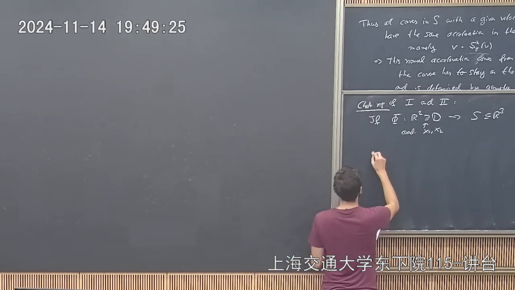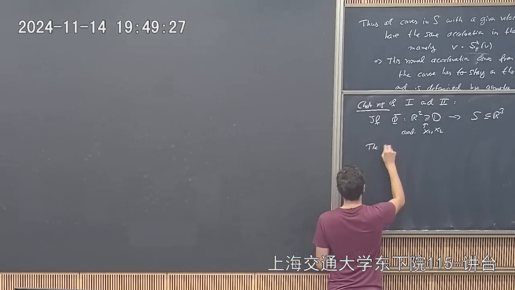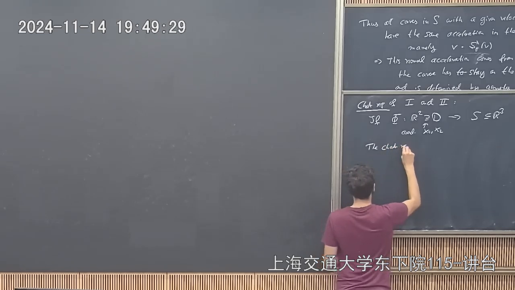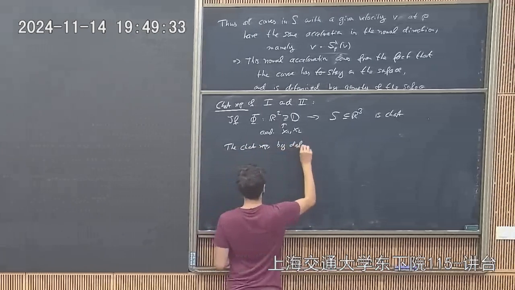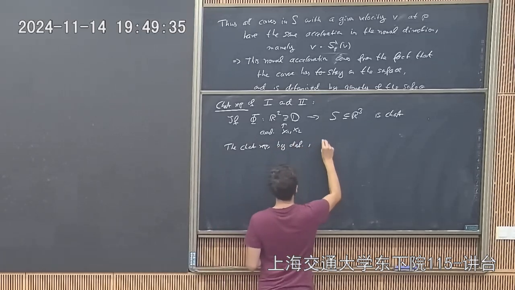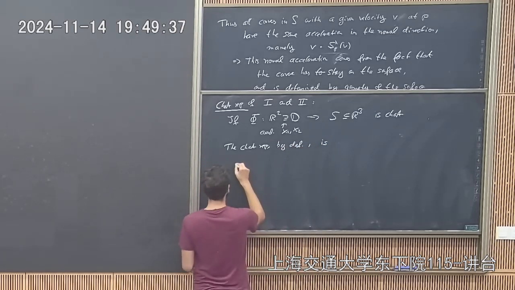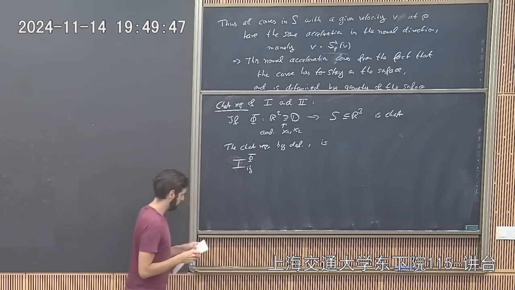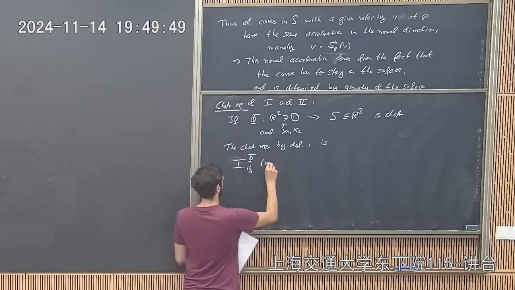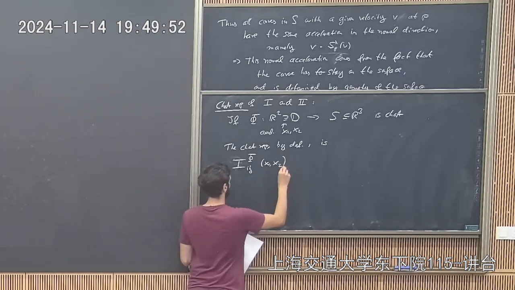Then the chart representation by definition is the following matrix, where we take the chart representation and get a function of x1 and x2.